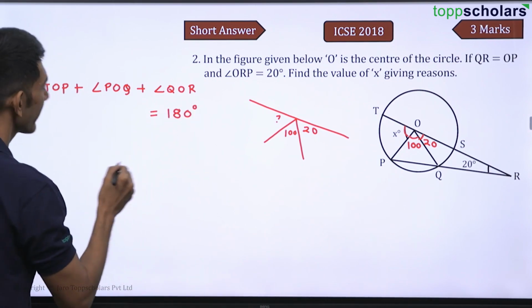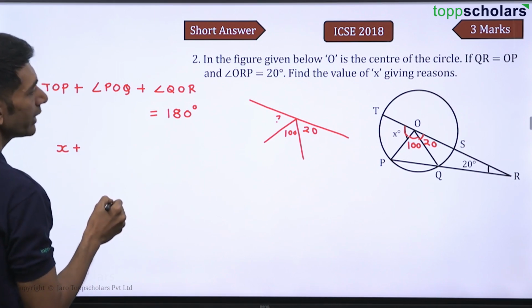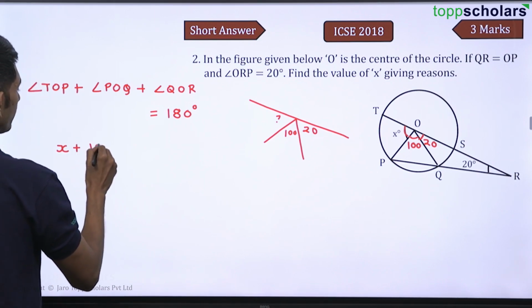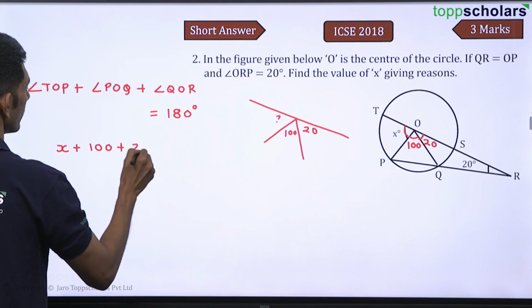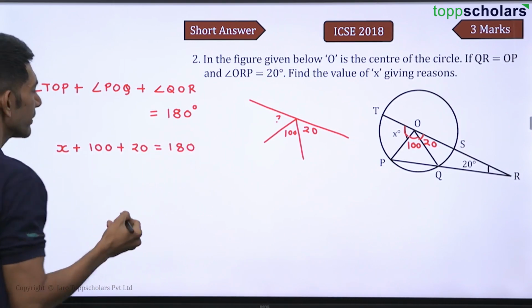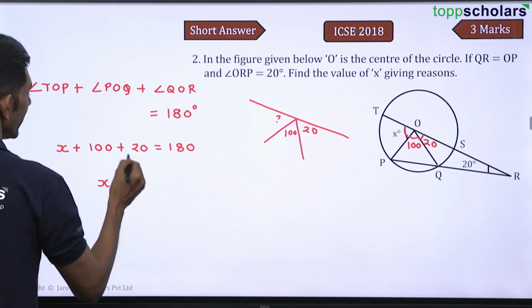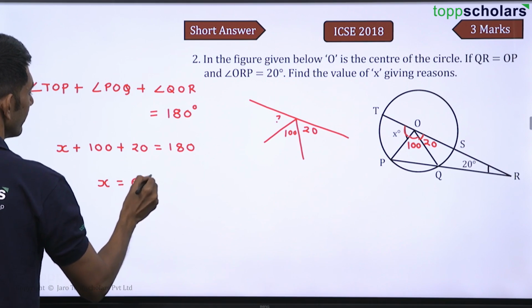So TOP is x. Can I say x plus POQ, which is 100 plus 20 is 180. So 100 plus 20 is how much? 120. So can I say x will be equal to 180 minus 120, that is 60 degrees.